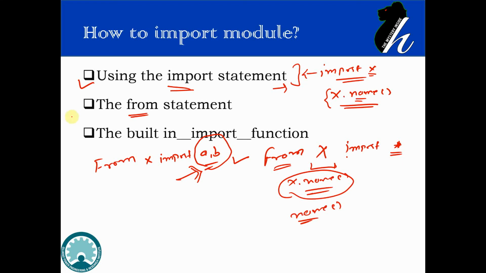Now the third method to import a module is the built-in double underscore import function. How would you use it?